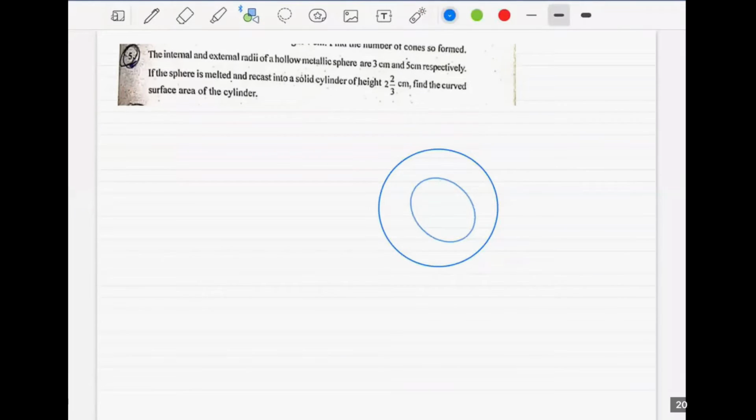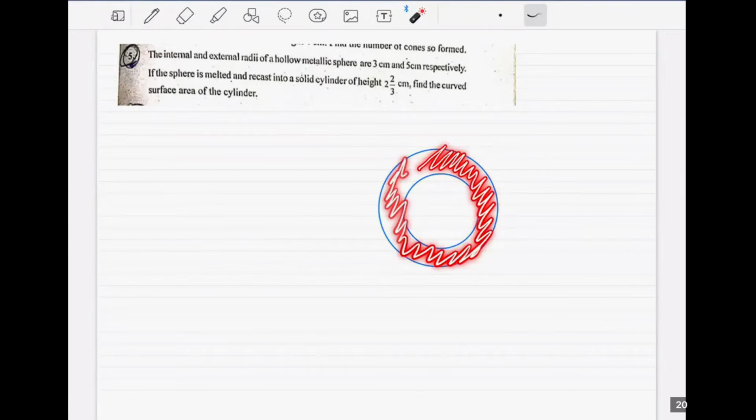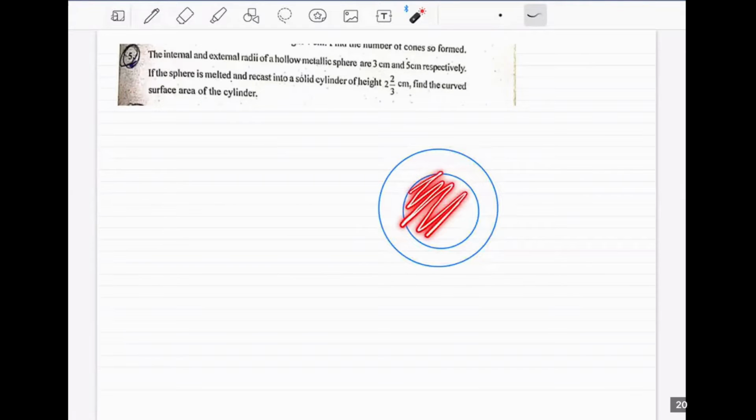Okay, so see, you have got a hollow sphere. This portion right here is the metal. And this white part right here is the hollow part. Where is the metal? The metal is here.